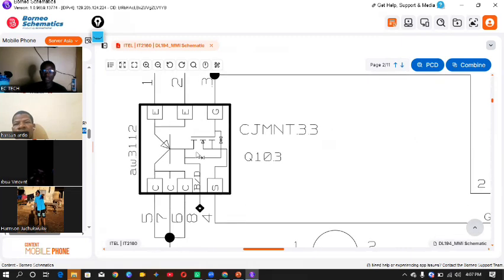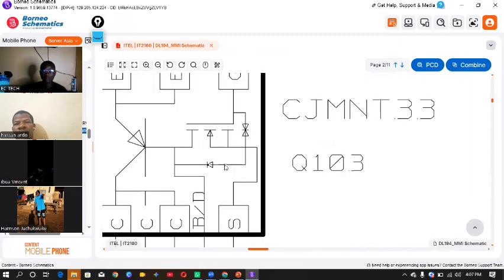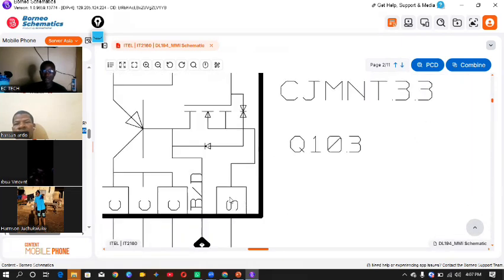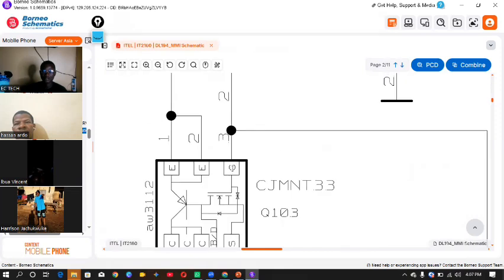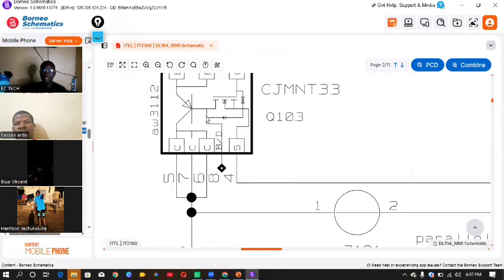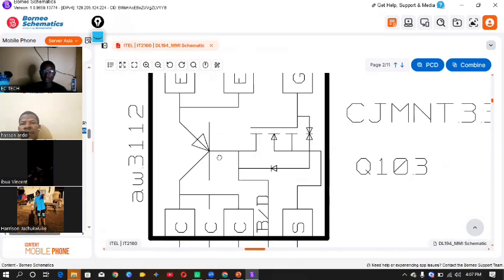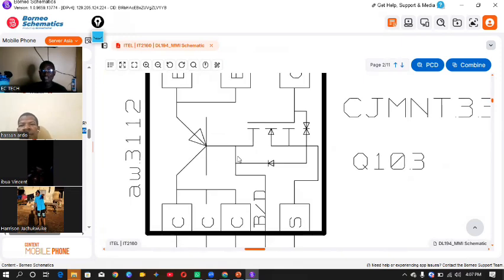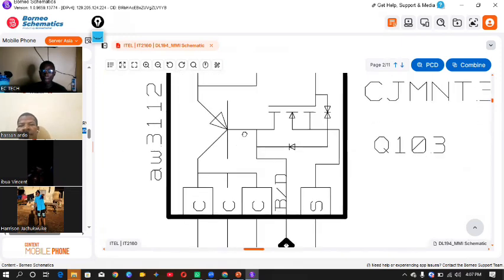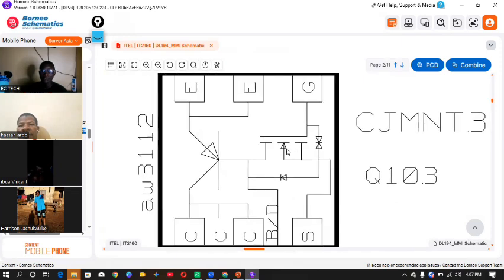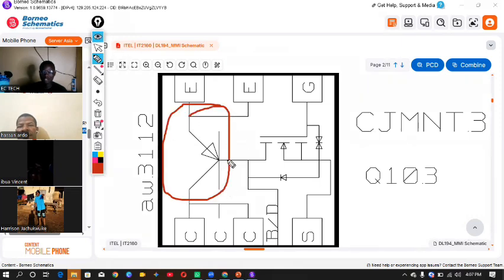Now, this is the N channel MOSFET. This is the source. This is the gate. This is what I want you to understand. It is this N channel MOSFET that is going to produce a voltage for the base of this.